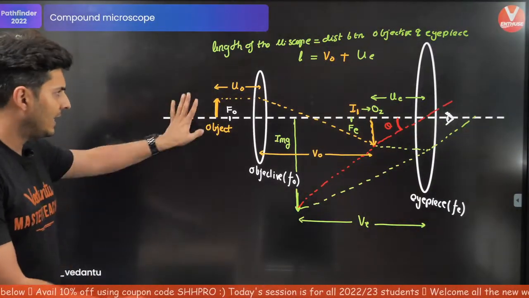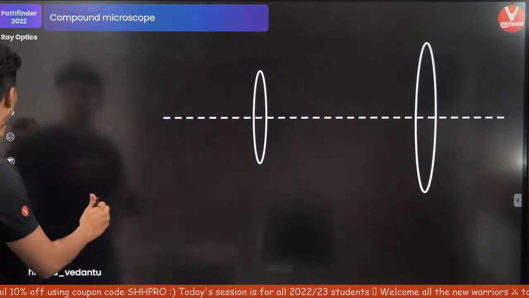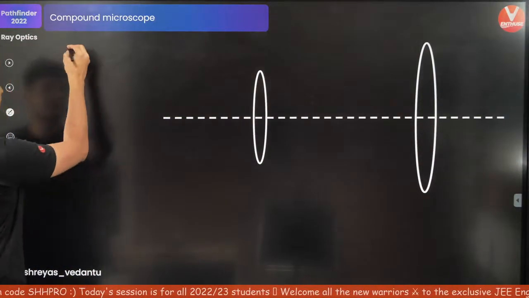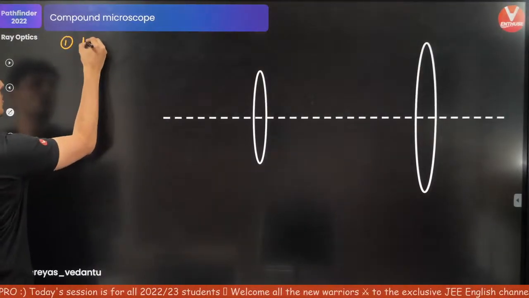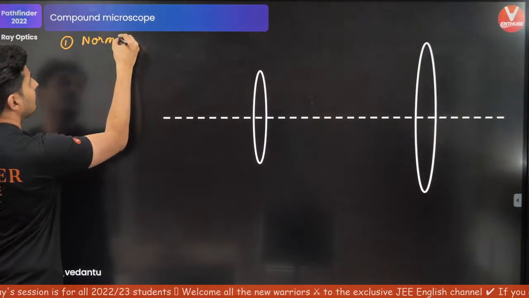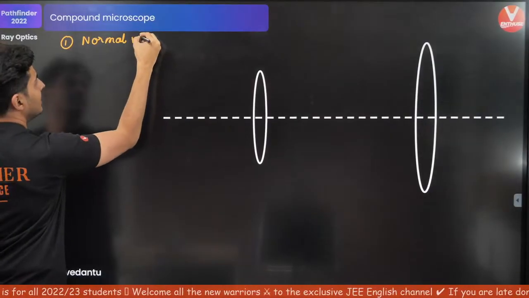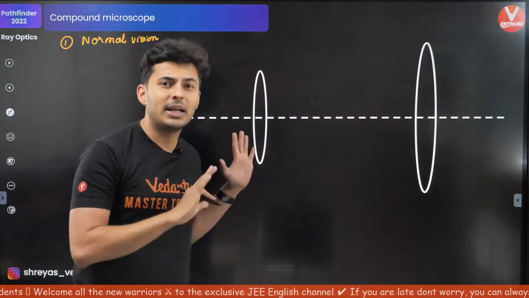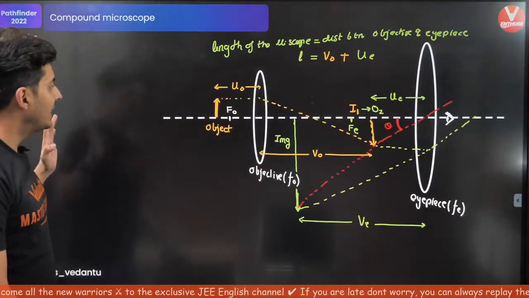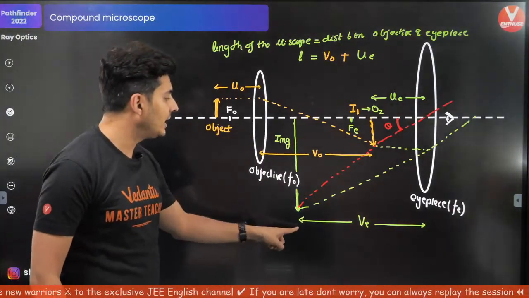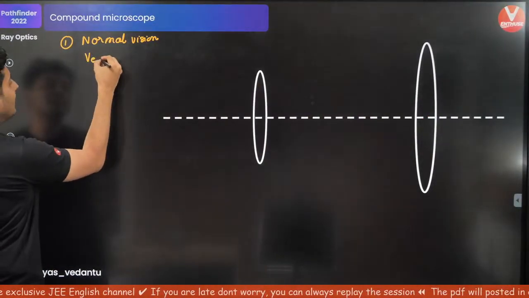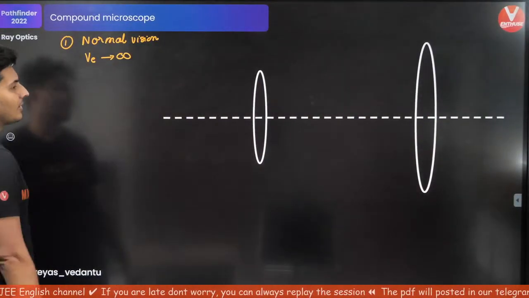Now let's take the two cases. I'll go on the next slide. I will come back to this. But the two cases are as follows. Observe this. When you are at normal vision, that means the final image is formed at infinity. If the final image is formed at infinity, that means VE is basically infinity.